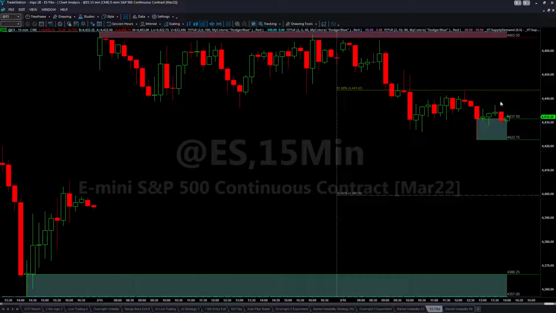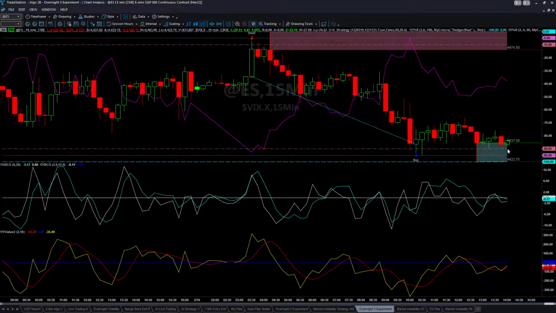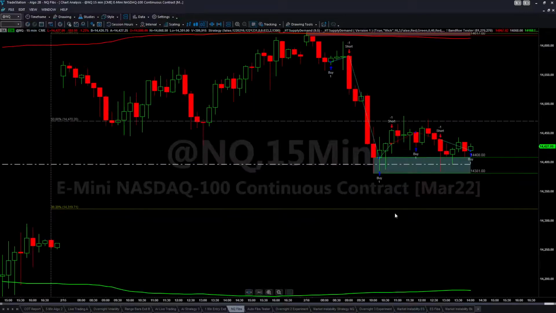Here we are on that ES trade. I'm speculating this thing's just going to run up because it has not closed the signal yet. So I will leave that there.